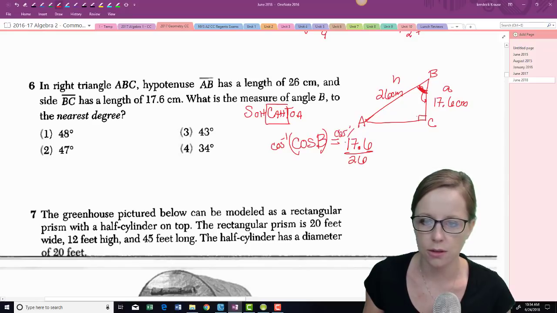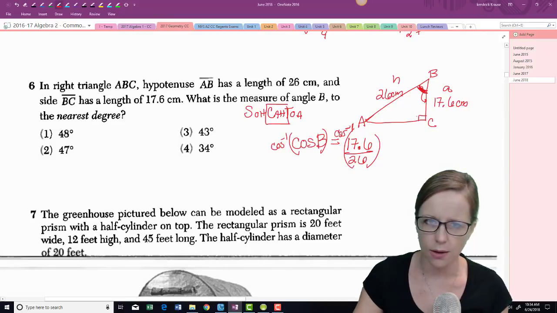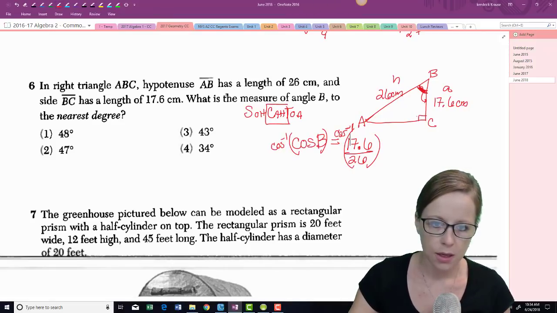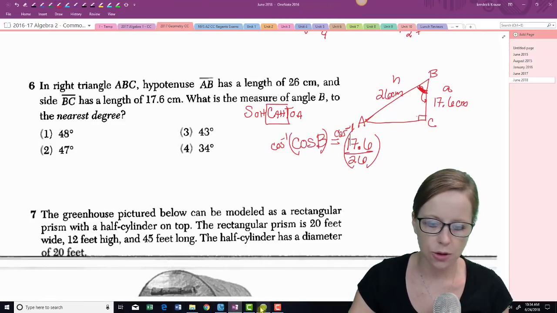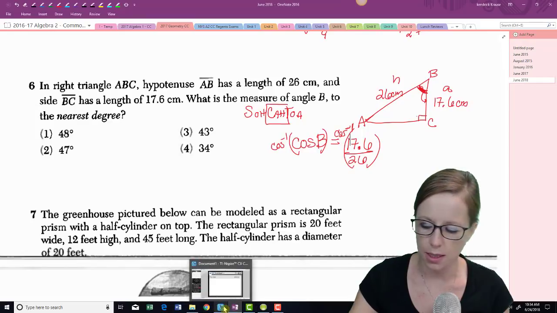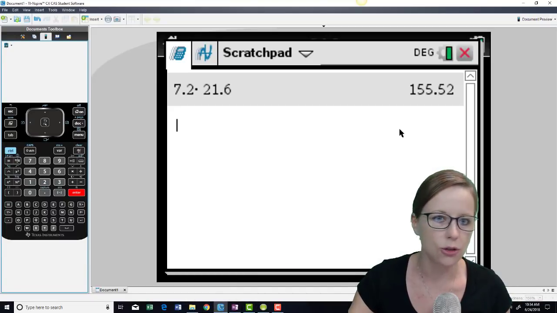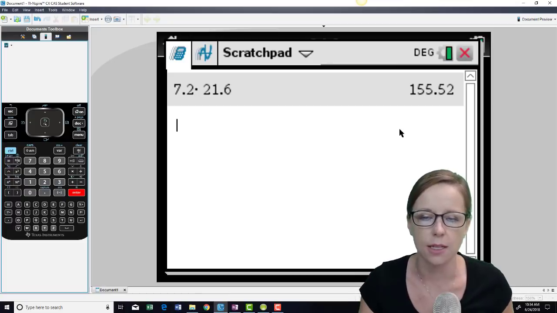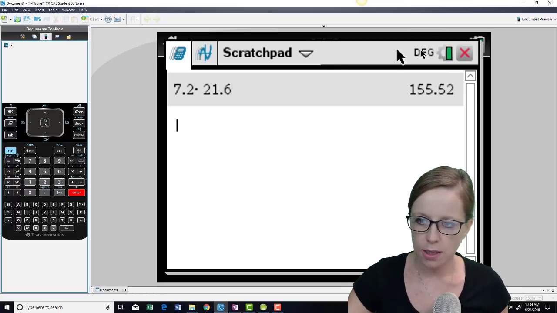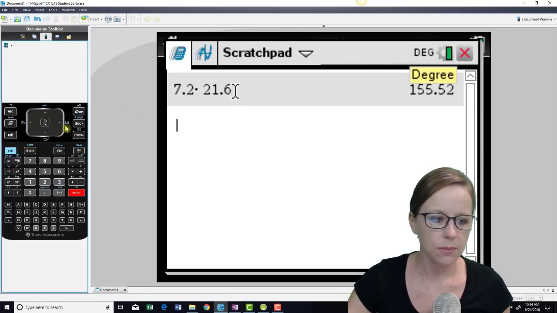Cosine inverse. So this is definitely a calculator question. Now, your calculator, it's asking for this in degrees, so your calculator has to be set up in degrees, and depending on whoever your teacher is or maybe how you're setting things up all year long, you just want to double check that that says degree there.